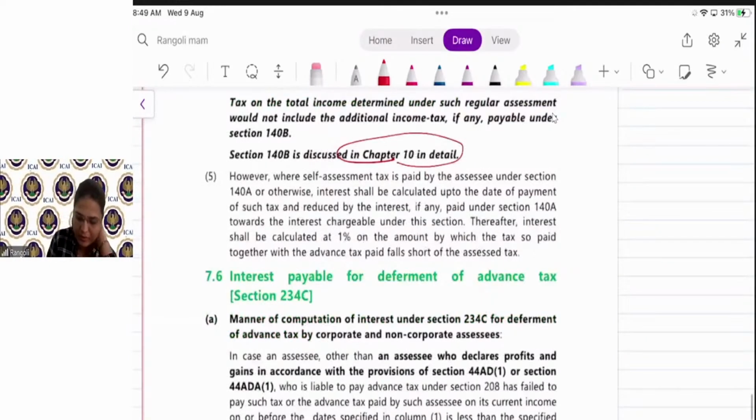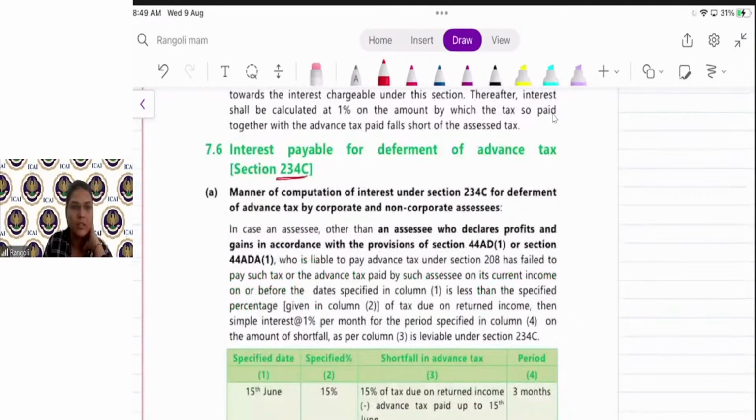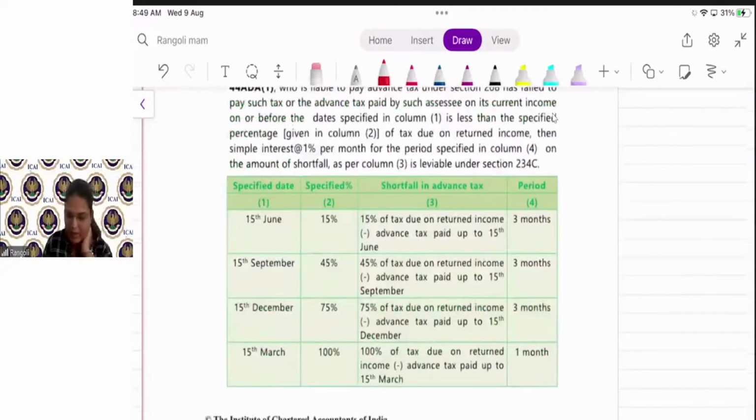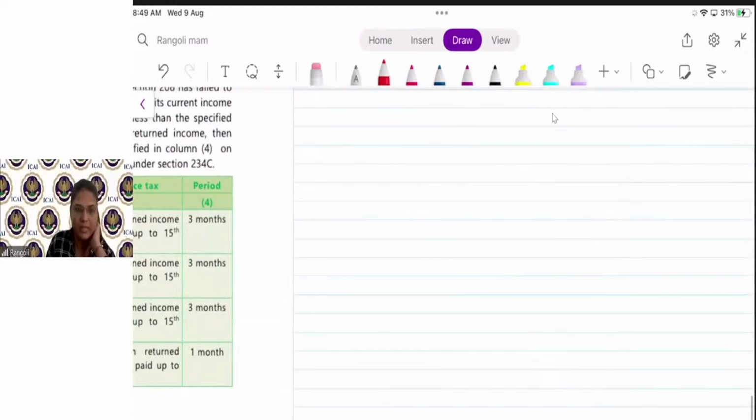Next is 234C. Manner of computation of interest under section 234C for determination of advance tax by corporate and non-corporate assessees. Now again, here I'll take one example.